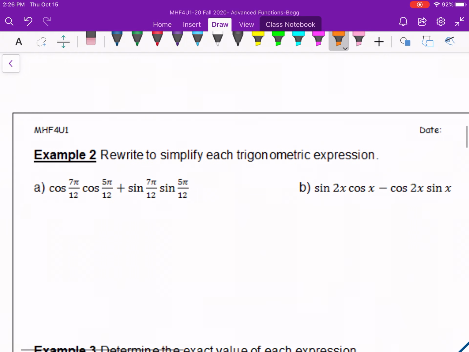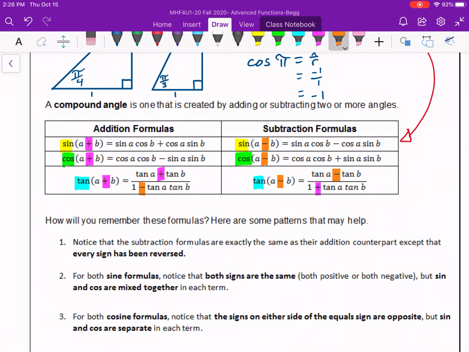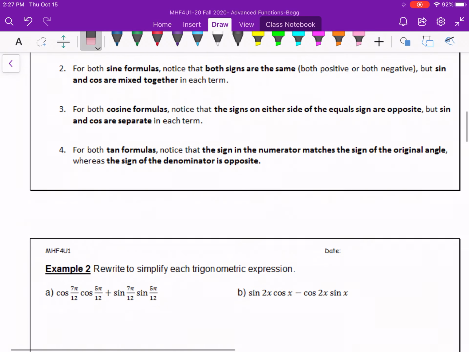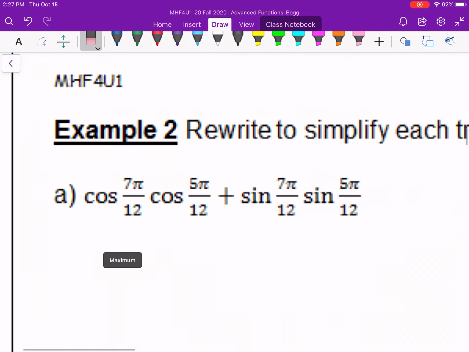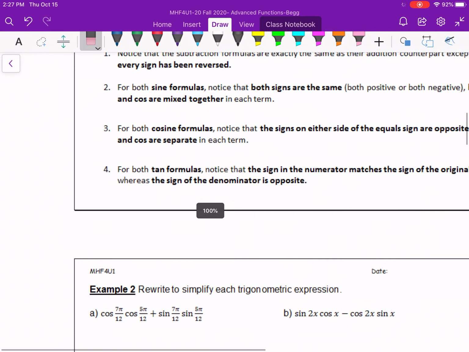The first question is to rewrite to simplify each trigonometric expression. So if we go back to these formulas, and maybe I will get rid of all this highlighting, which is a bit distracting. What we want to do is start with something that's all expanded out, cos times cos plus sine times sine, and rewrite it as something simpler.